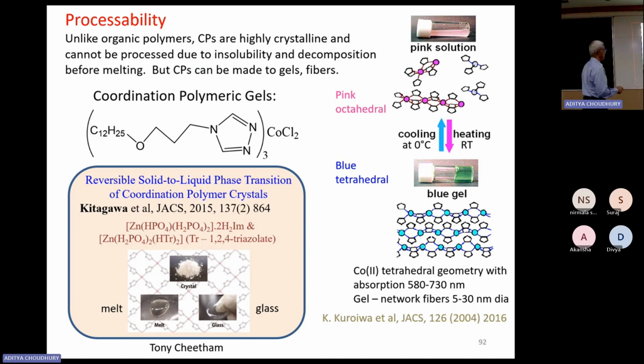The color changes. Do you see any unusual thing in this? Exactly, that's why I want to show this. Usually with thixotropy, when a liquid becomes a gel, you need to cool it.